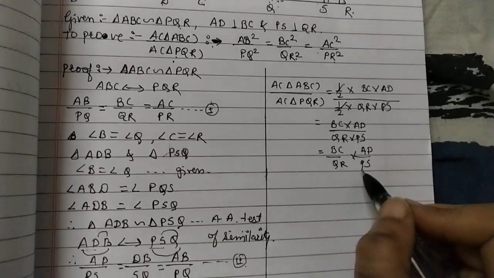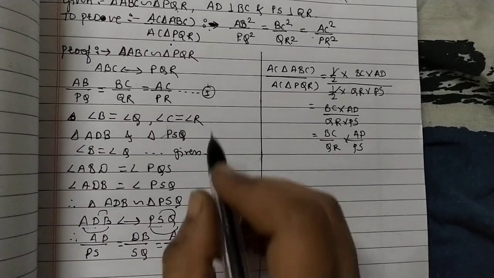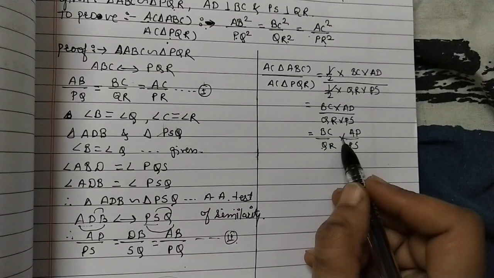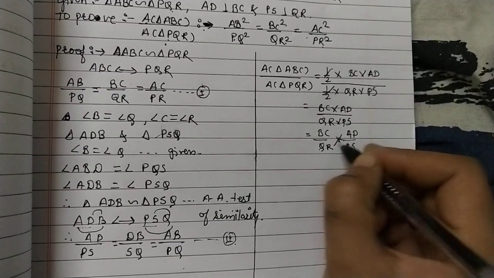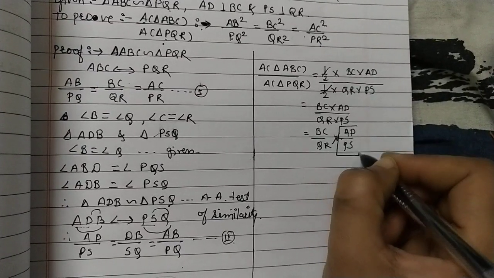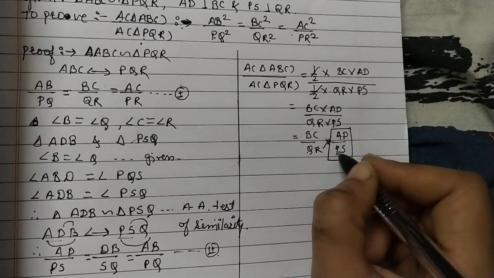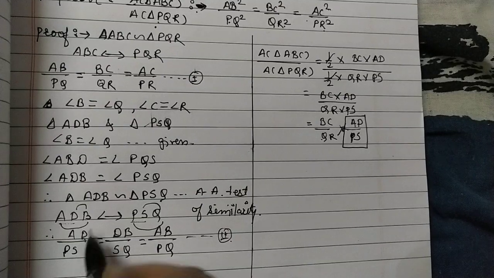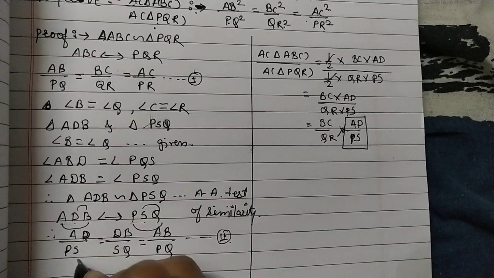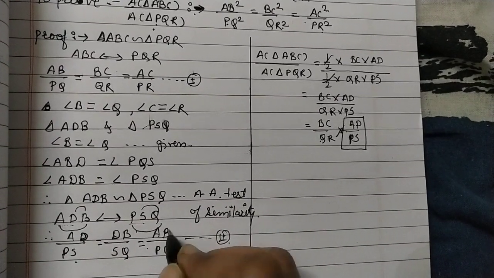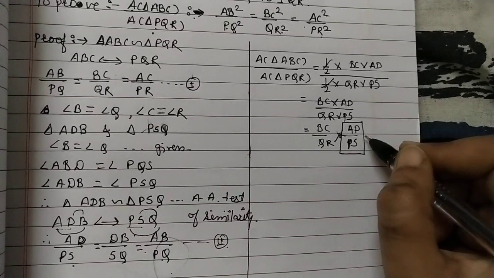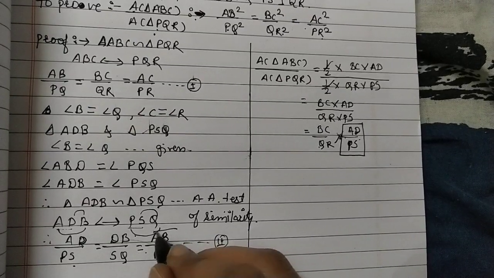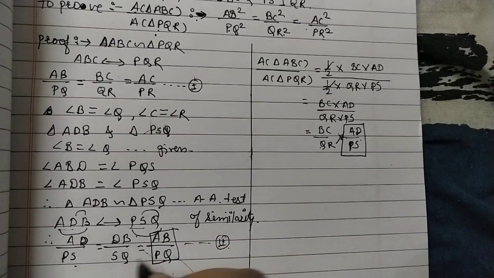Now, just concentrate on 1 and 2. BC upon QR into AD upon PS. In the place of AD upon PS, everybody can see here, AD upon PS is equal to DB upon SQ equal to AB upon PQ. So in the place of AD upon PS, can I write AB upon PQ? Yes, because they are equal.